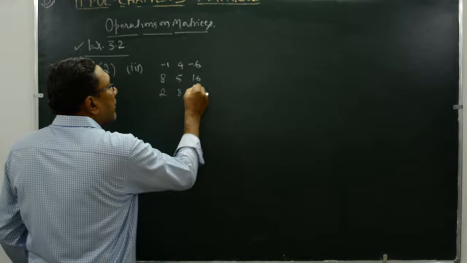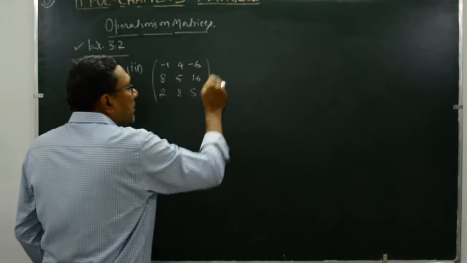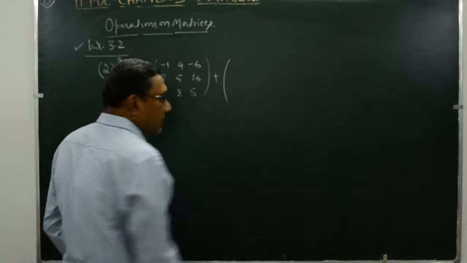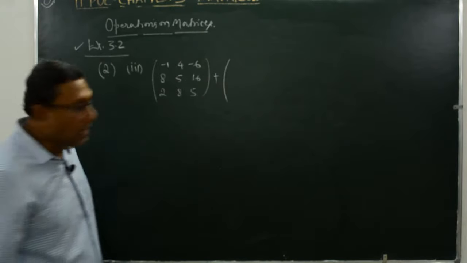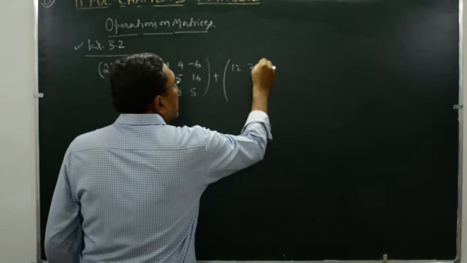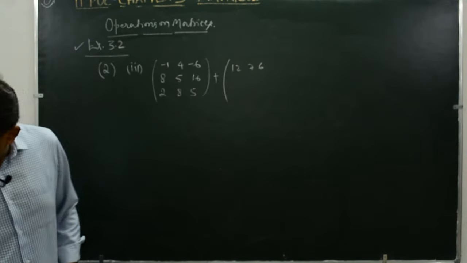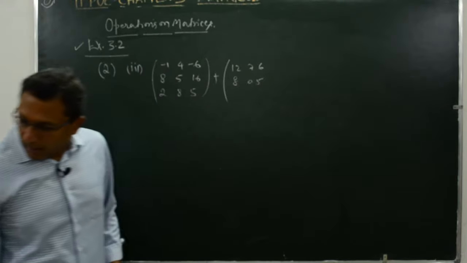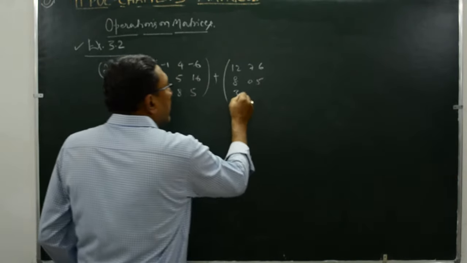It's a matrix of 3 by 3 order. Need to add it with another matrix which is 12, 7, 6, and 8, 0, 5, and 3, 4, 2.